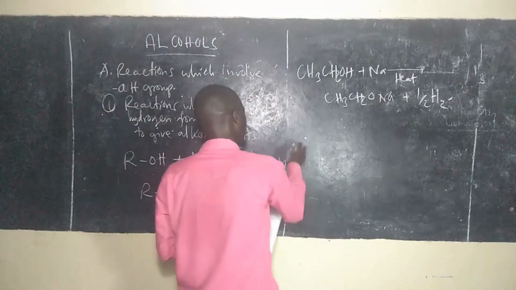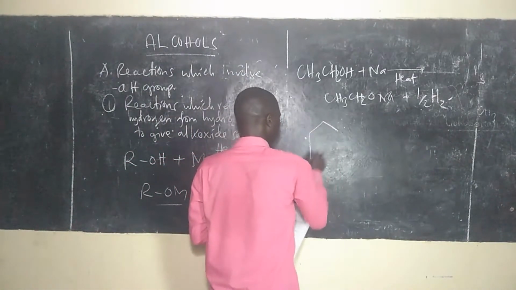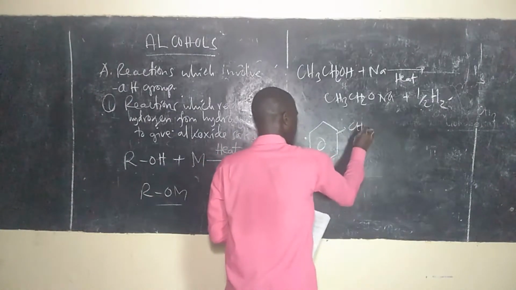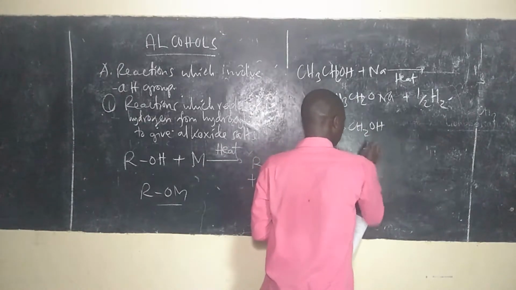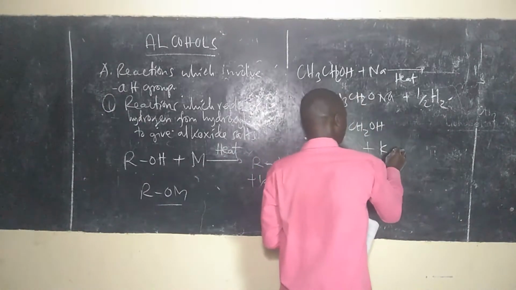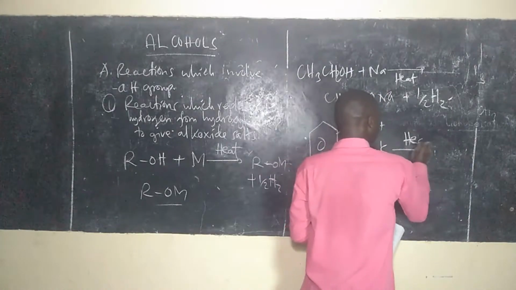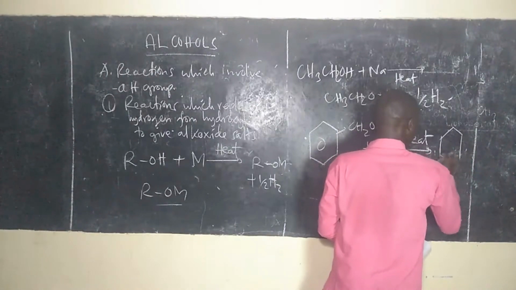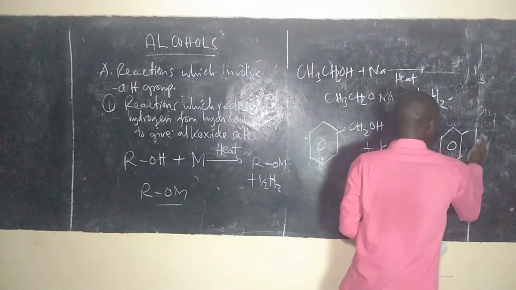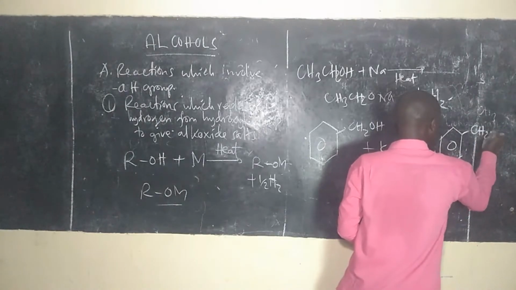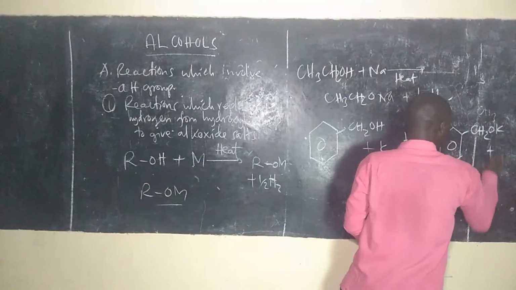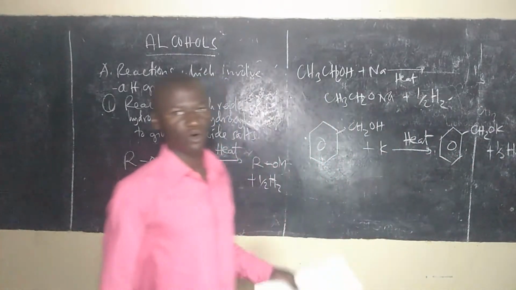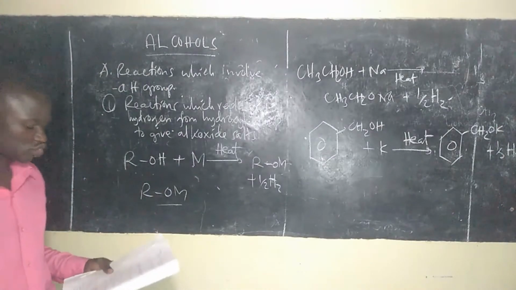Lakini for example, we may have benzyl alcohol, C6H5CH2OH plus potassium in the presence of heat. We get a benzyl alkoxide ambayo itakuwa na C6H5CH2OK plus a half H2. Kwa reaction inakuwa inatokea kwa namna kama hiyo.